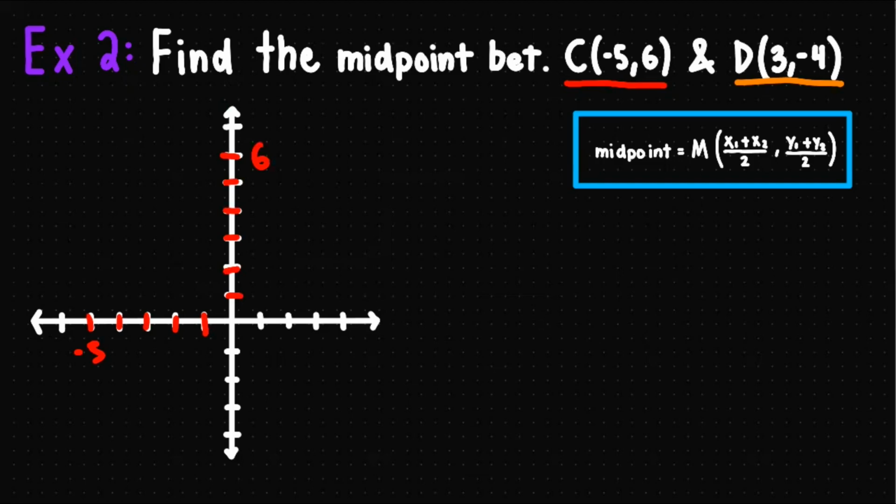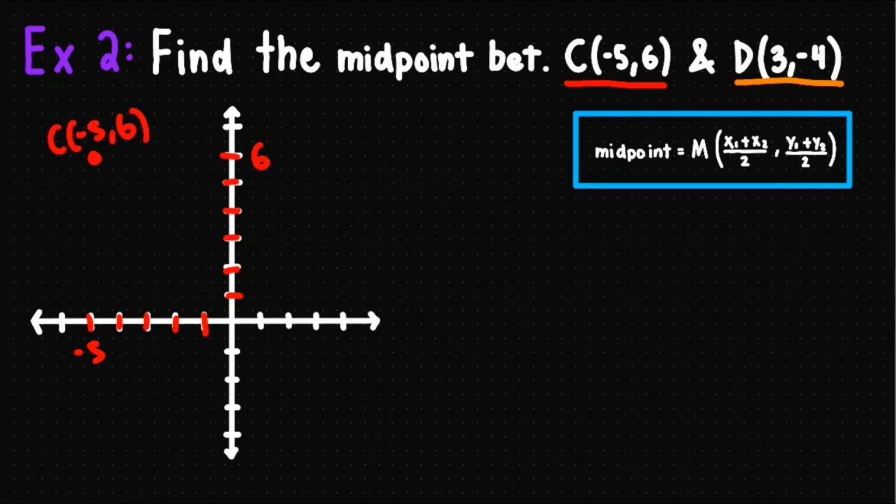Again, if you are having confusion in this and how to plot points, you may check out my video on plotting points on the Cartesian plane. I'll probably link it around this one. So the point C is around here.